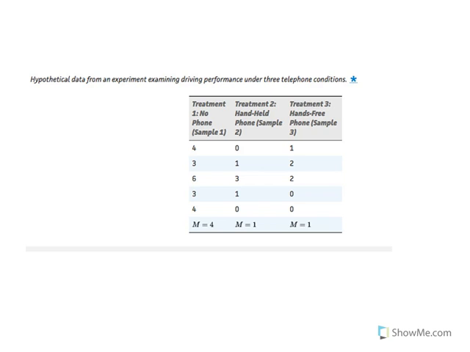Again, the factor here for the analysis of variance would be the telephone condition. In the past we've expressed it as the independent variable with different conditions, and now with analysis of variance we would refer to it as the factor, and the levels are no phone, handheld phone, and hands-free phone. And the dependent variable is the performance in the driving test that's administered.